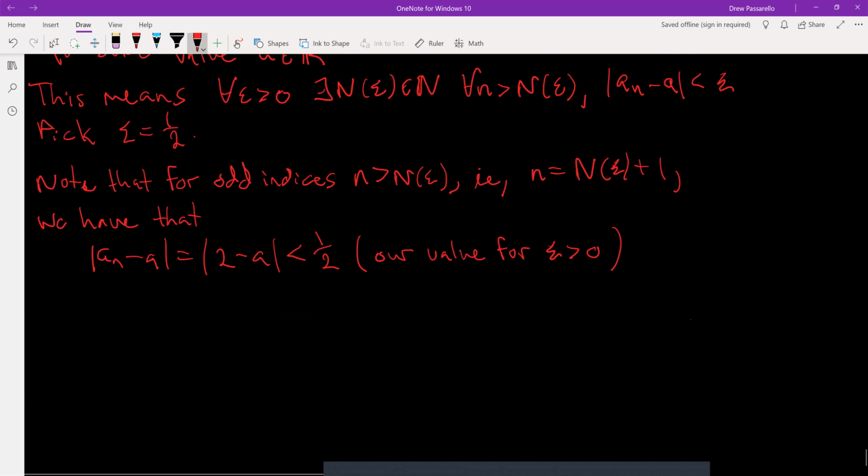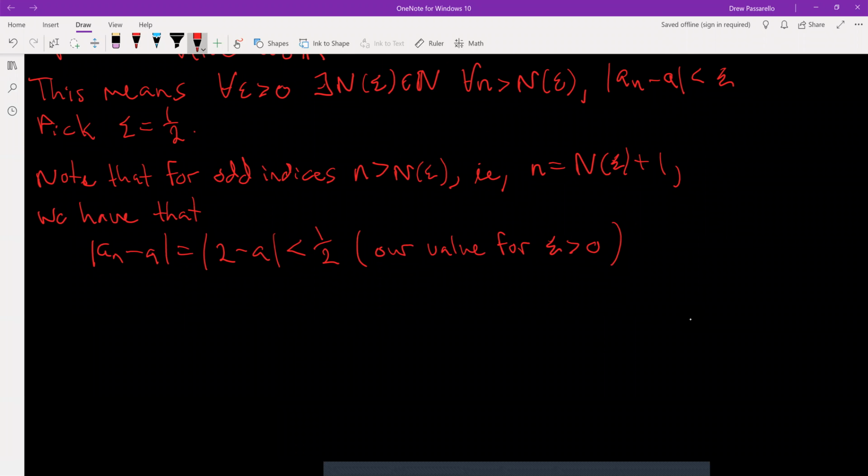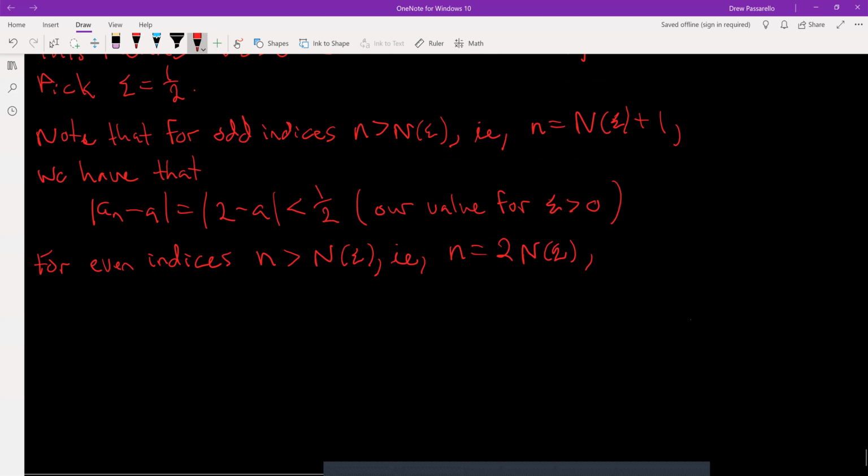Then for the even indices n bigger than capital N, i.e. little n is equal to 2 times capital N. So that's just the format for even, so 2 times an integer.